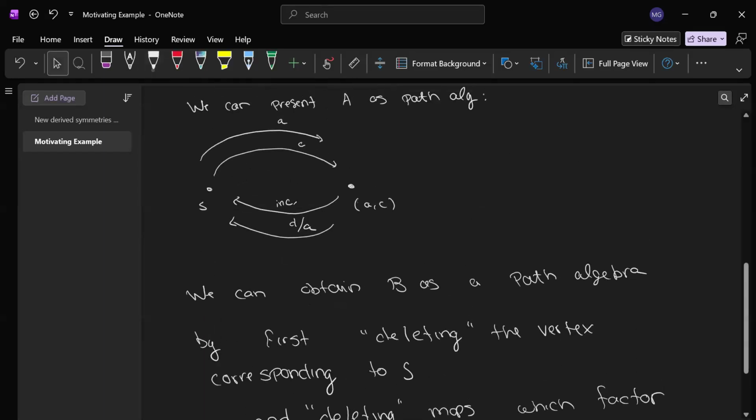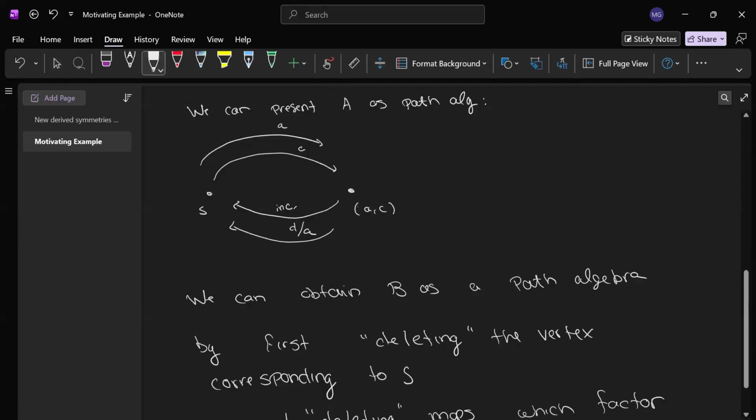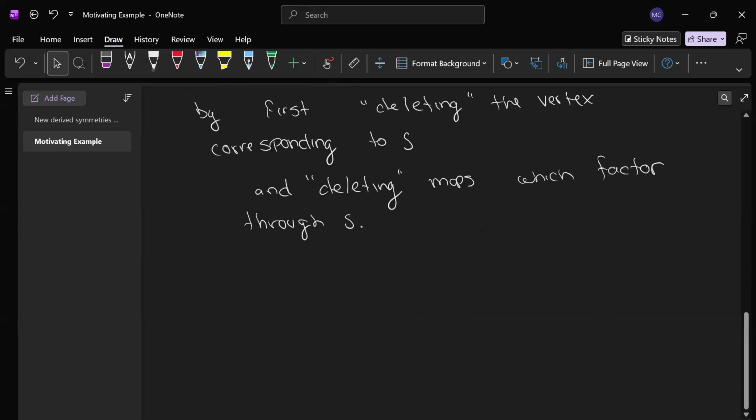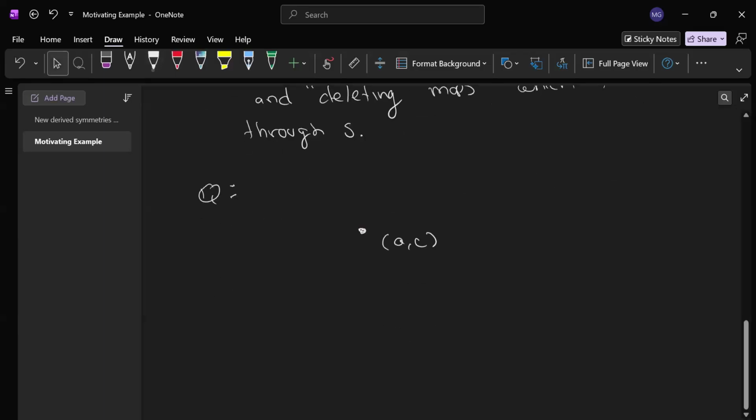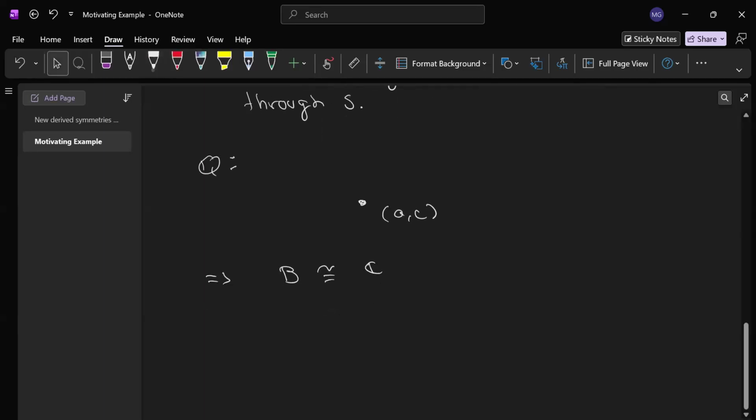So in this case, we're going to take this quiver and delete this vertex here corresponding to S and all of the maps that go into and out of S. So all that we're left with is this quiver Q, which is just one vertex and no arrows. That tells us that as an algebra, B is isomorphic to just the complex numbers, because we're working over C. Okay.